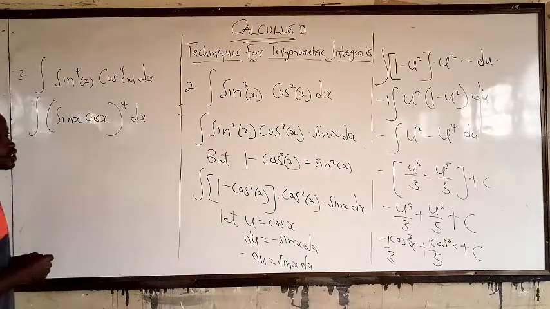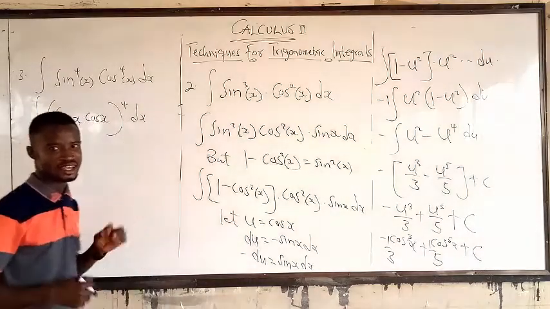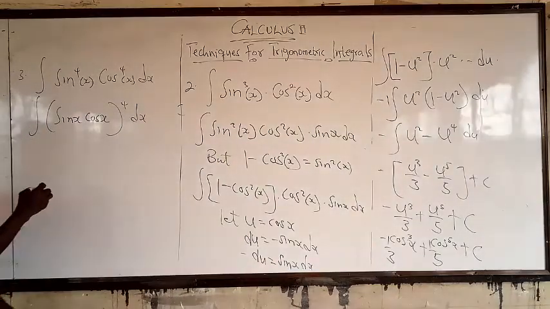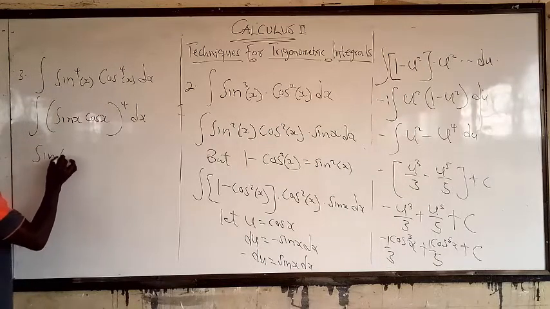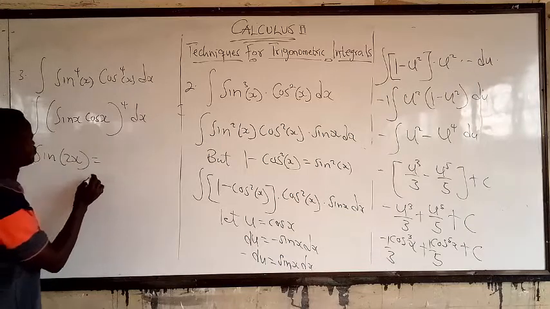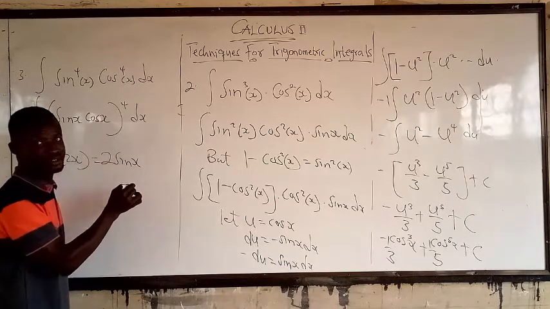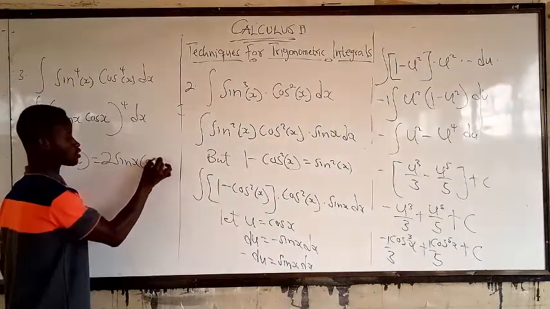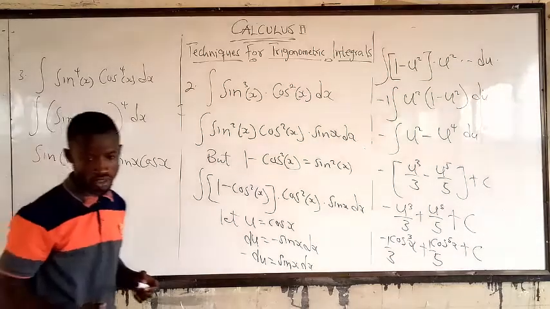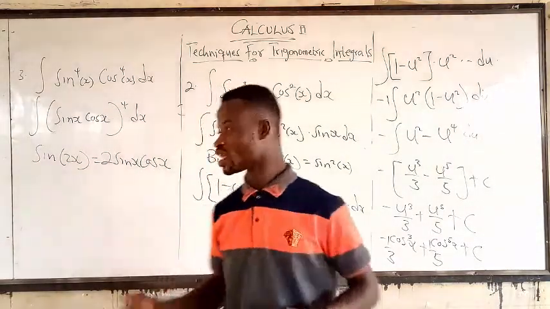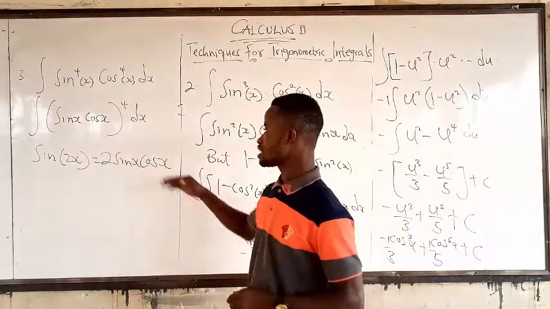We also know that sin 2x is equal to 2 sin x cos x. Is that not so? That is from the Pythagorean identity, double angles.